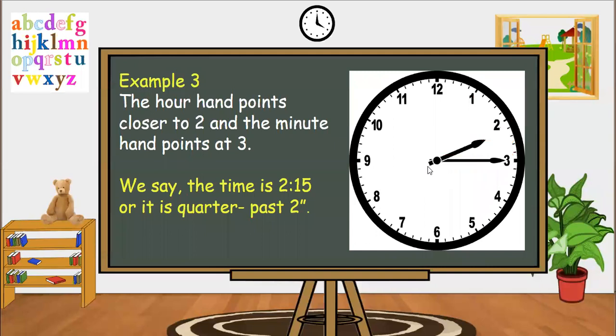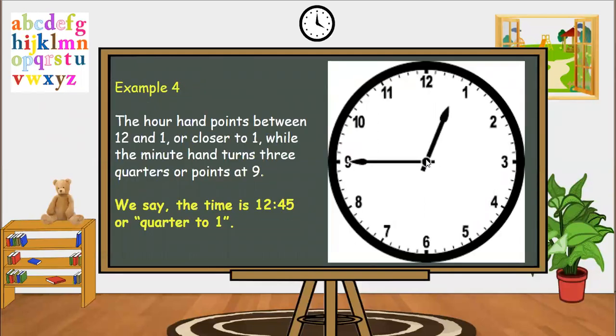Okay. Now, last example, grade 1. Example number 4. The hour hand points between 12 and 1, closer to 1, while the minute hand turns three quarters, or points at 9.